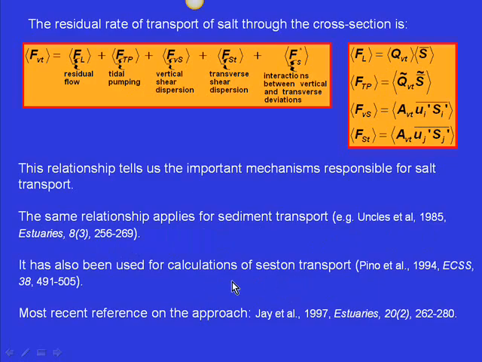And for seston transport, does anybody know what seston is? No? Does everybody know what nekton is? Nekton is not plankton. Nekton is whatever swims in the water. That's the nekton. And seston has to do with plankton too.